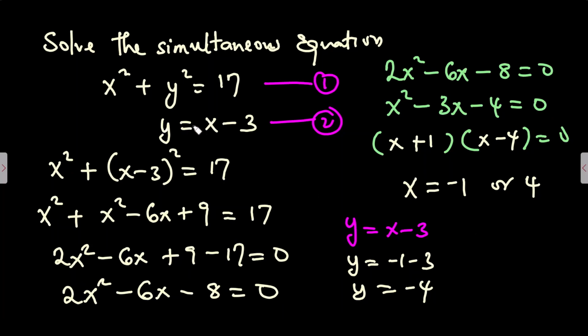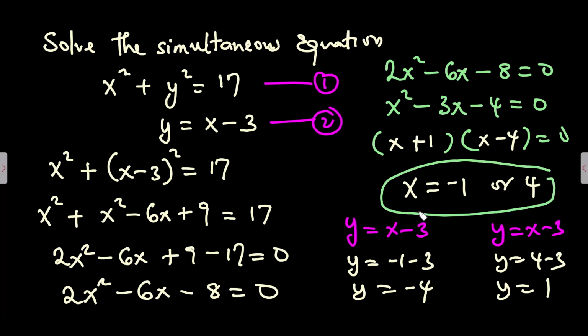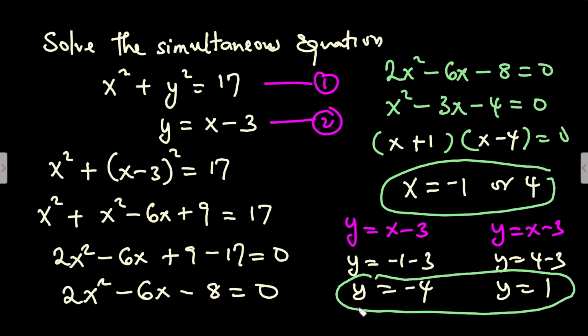You use the same second equation, y equals x minus 3, and you can see that x here is 4, so do 4 minus 3. If you do 4 minus 3, that's 1. So you can see that the answers have all been gotten. Here are the answers for x, and right here are the answers for y.